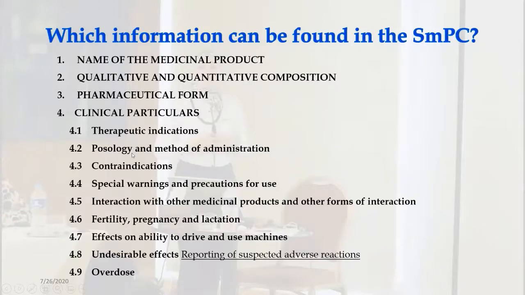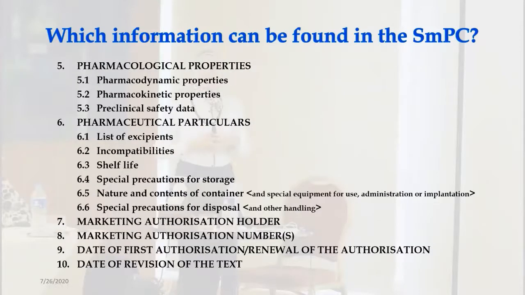We have to specify how we will use these products, the method of administration, and when I shall take the medicine, and what the contraindications are, and if there are any warnings and precautions for use, we have to specify them, and the interaction with other medicinal products and other forms of interaction. And we have to specify all the information related to fertility, pregnancy, and lactation, effects on ability to drive and use machines, undesirable effects, and how to report suspected adverse reactions and overdose. All this information is according to the common template of the SMPC.